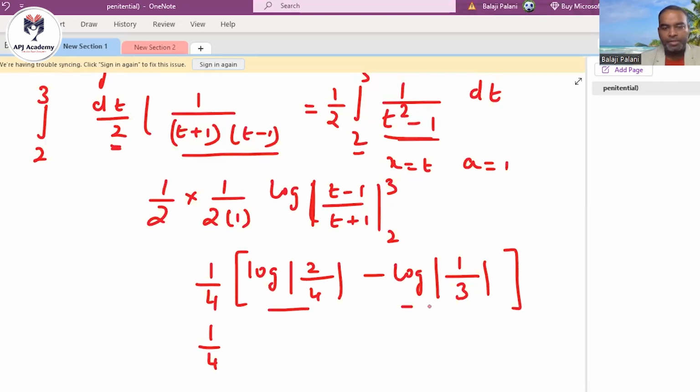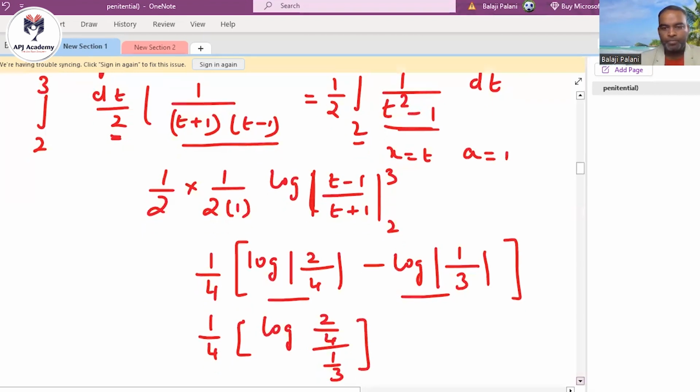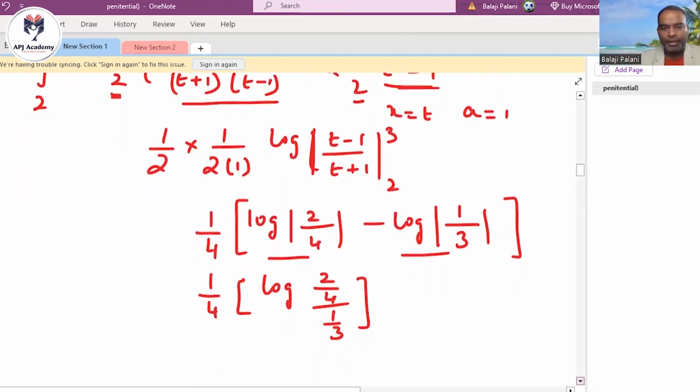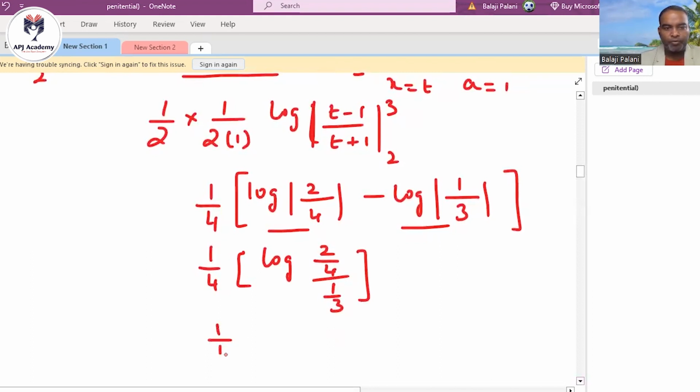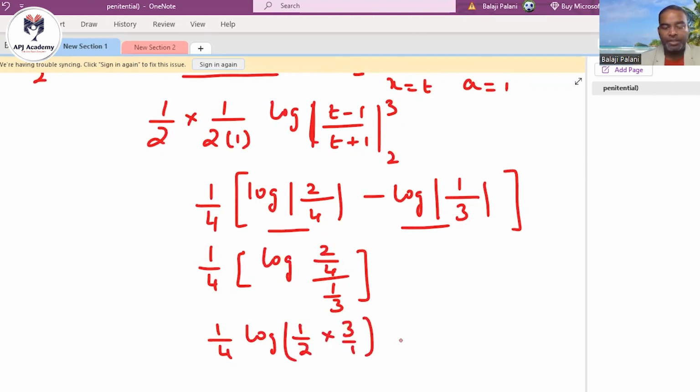Log A minus log B is log of A by B. So log of 2 by 4 by 1 by 3. So rearranging that, this is 1 by 4 log 2 by 4 is another 1 by 2 into 3 by 1, right? After reciprocation. So this is finally 1 by 4 log of 3 by 2 is the final answer.